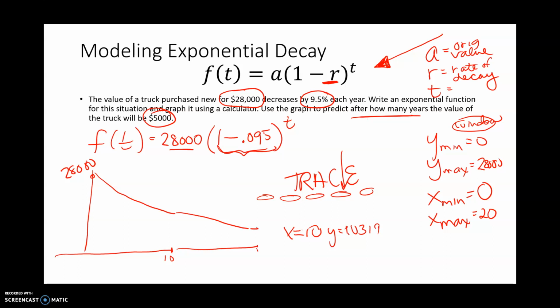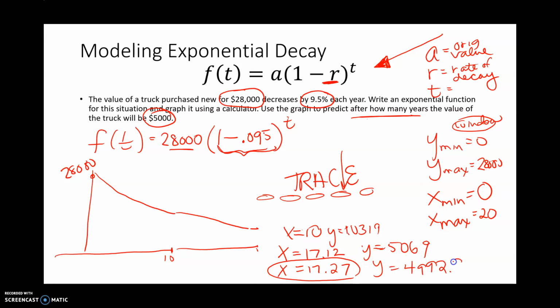Let's see what we got. I'm arrowing. So basically, there's a point where x is 17.12 and y is 5069. Okay, we're getting there. If I click one more time, now I'm on the other side. x is 17.27, y equals 4992.99. So this one's actually a little bit closer to 5,000, isn't it?